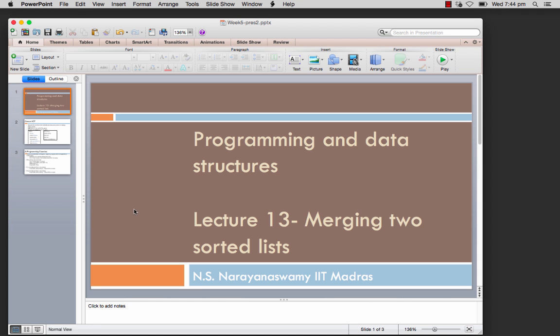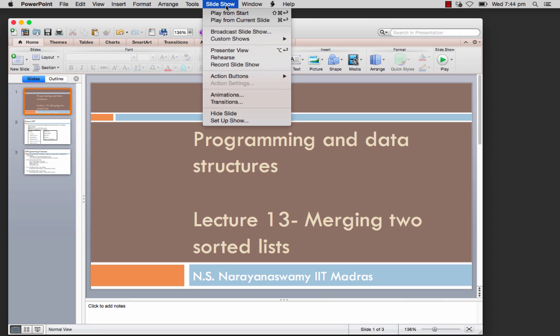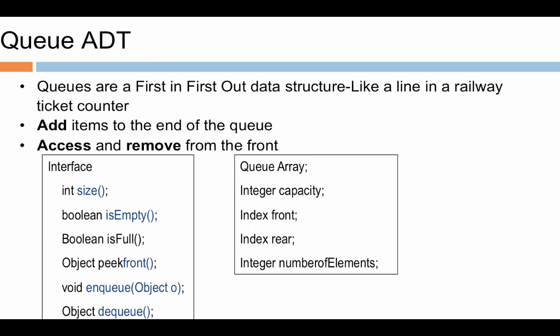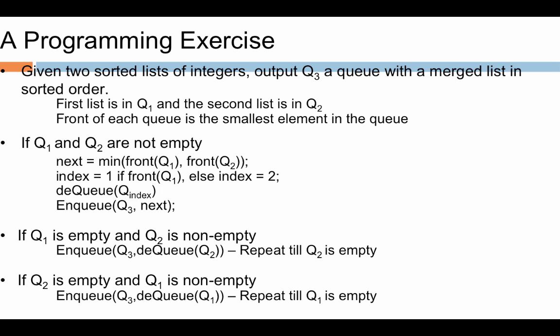So this is the programming exercise, and as you can see from the pseudocode itself, it's a crisp piece of code where we essentially use the functions we have designed in the interface. In the queue implementation, whatever methods we had implemented are exactly what is used, except for a min function kind of a thing that I have listed here.